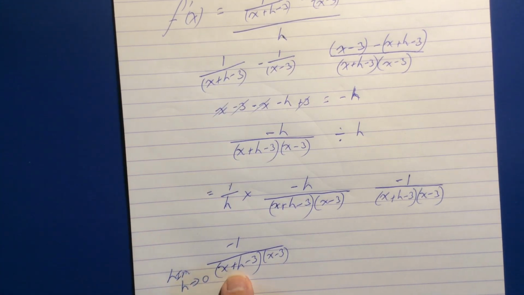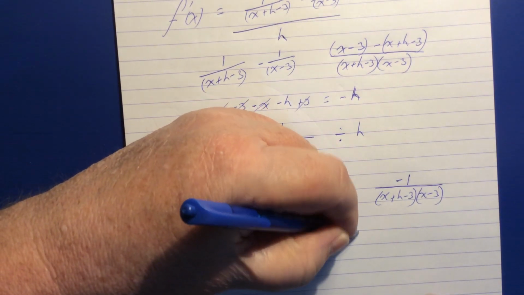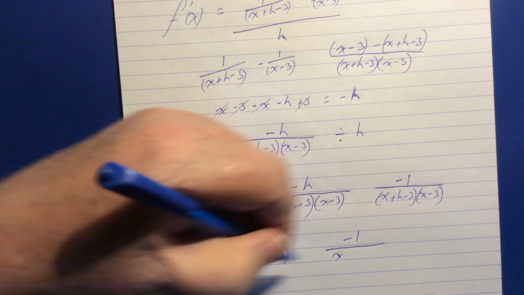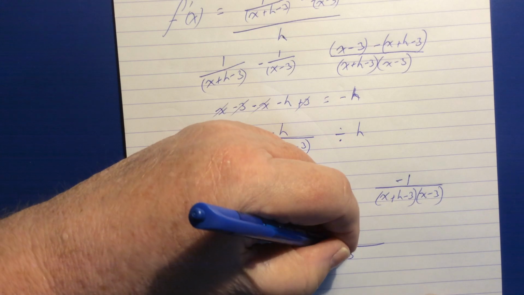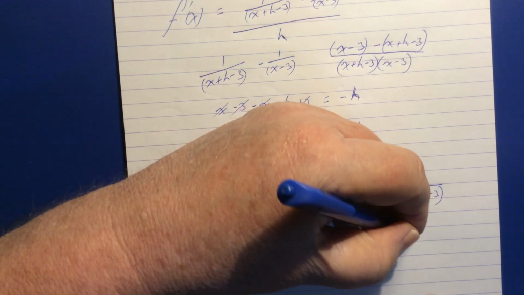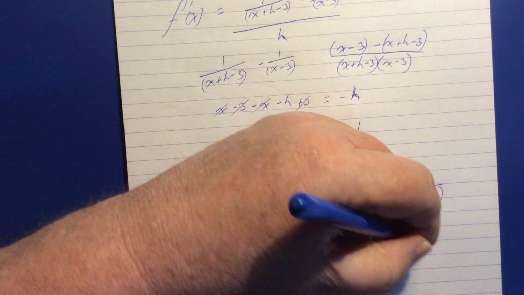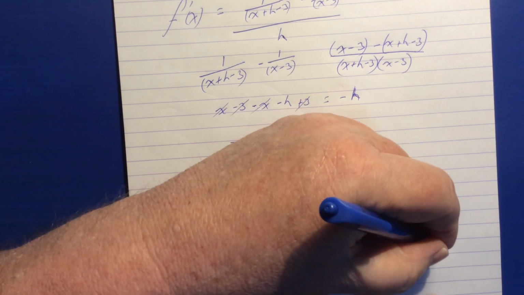Okay, so if that is 0, what we wind up with is negative 1 over x plus 0, which is x minus 3, times x minus 3. And our answer will be negative 1 over x minus 3 squared.